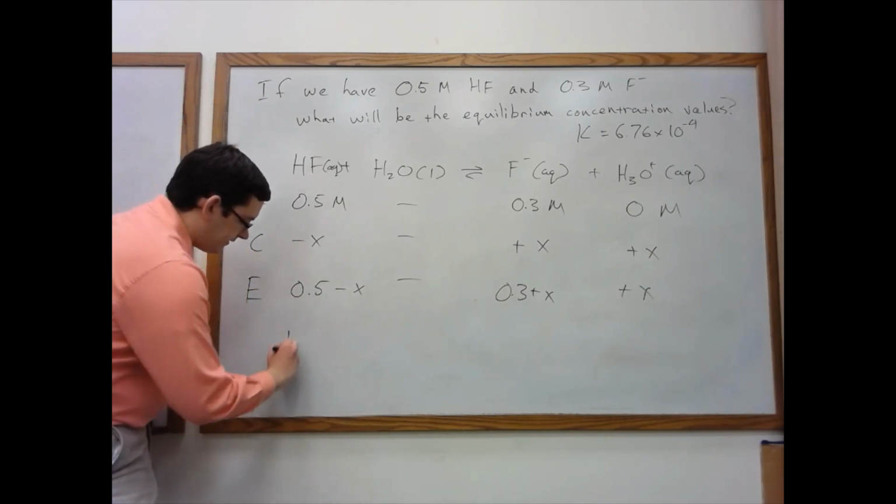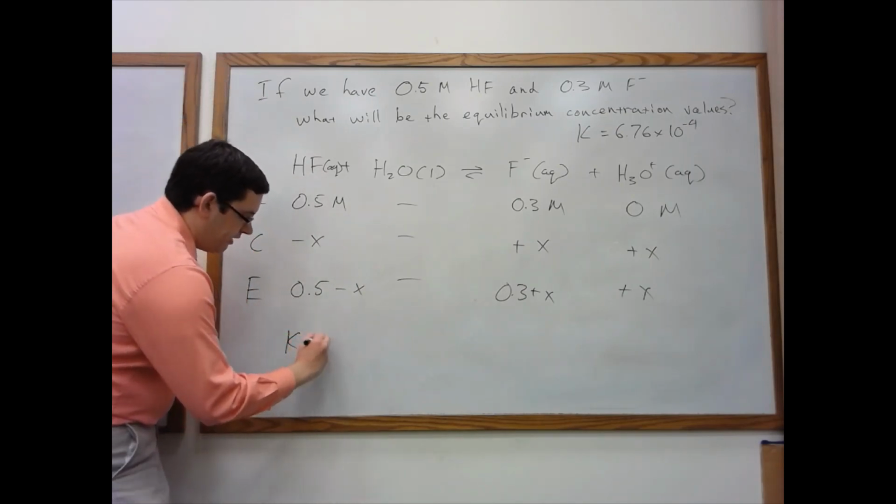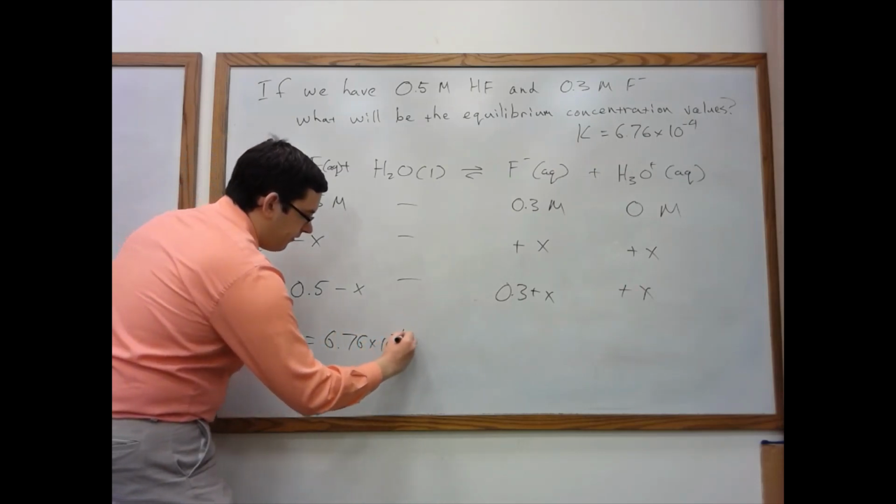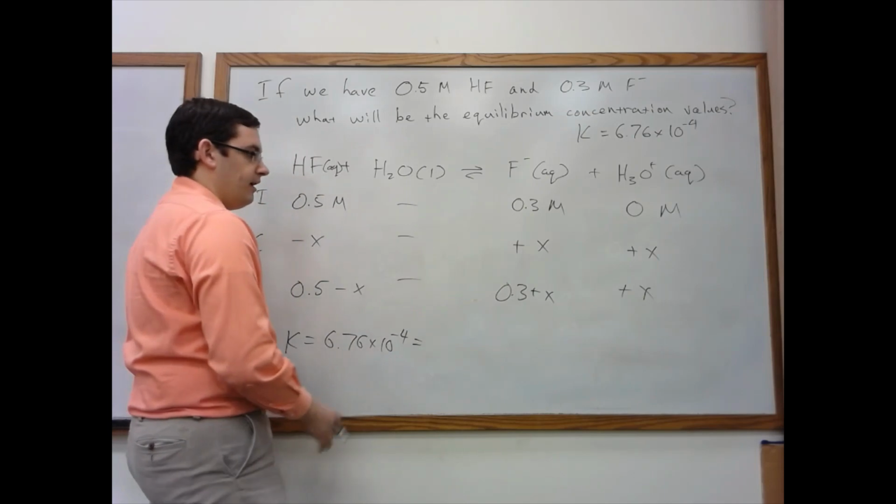So this allows us to set up our equilibrium expression. K equals 6.76 times 10 to the negative fourth equals our products.